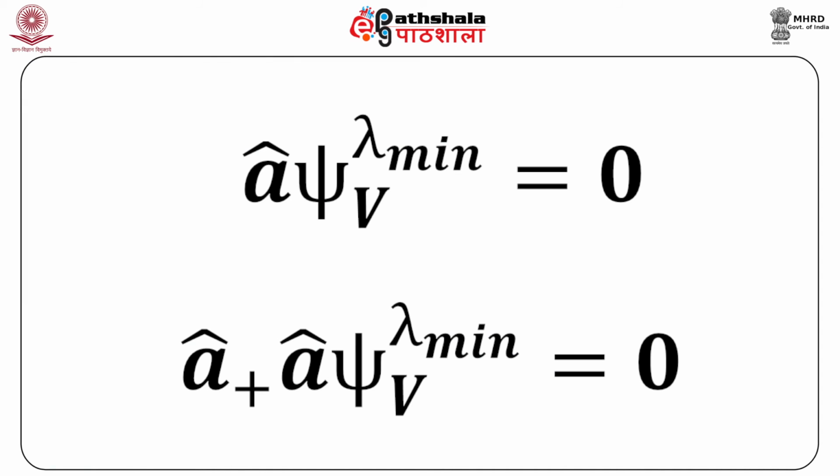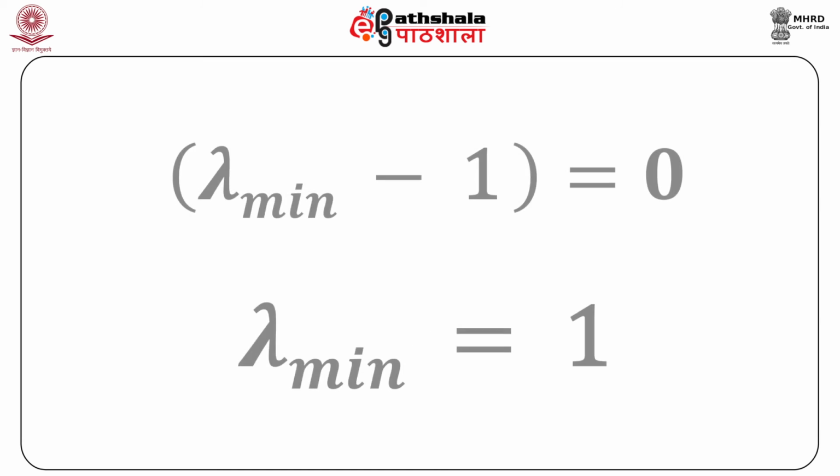Naturally, it will give us a zero value because it cannot go to lambda minimum minus 2, that does not exist. Therefore, a plus a cap psi v lambda minimum would also be 0, and therefore one can say that lambda minimum minus 1 will be equal to 0 or lambda minimum is equal to 1.